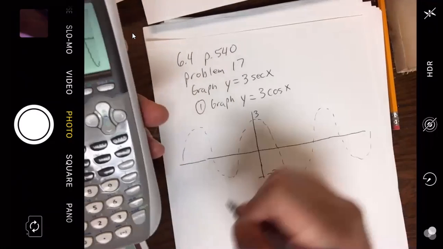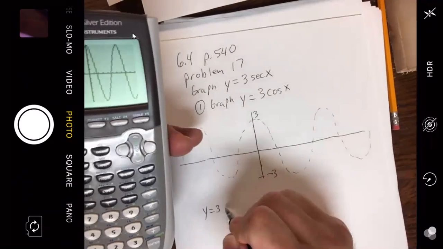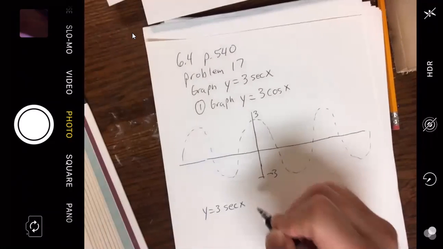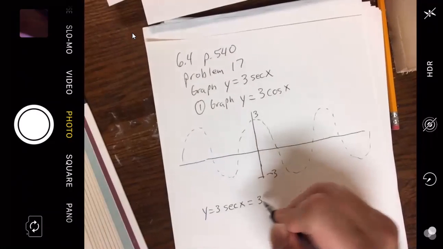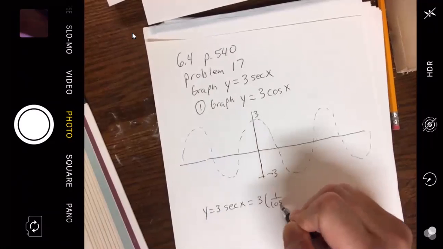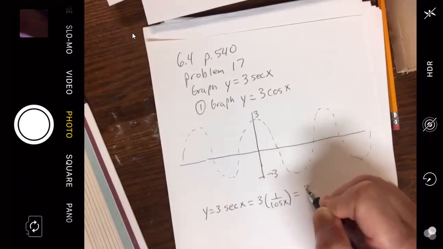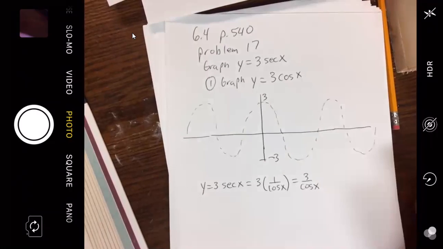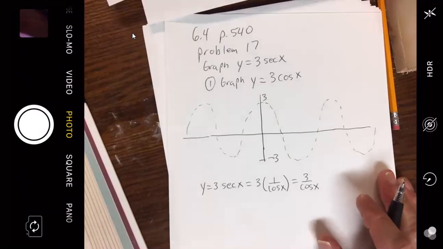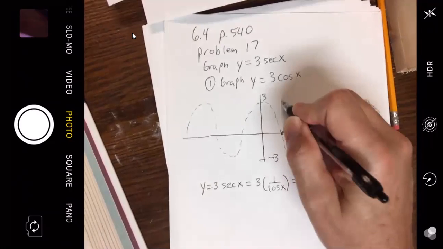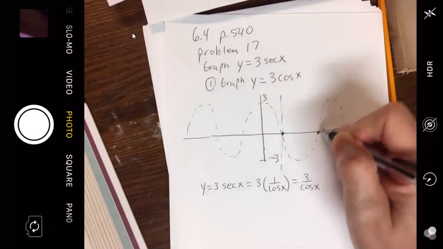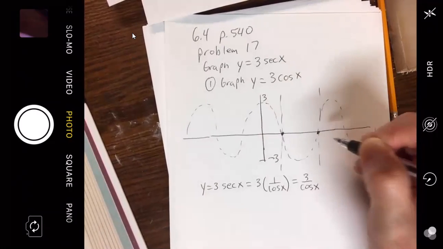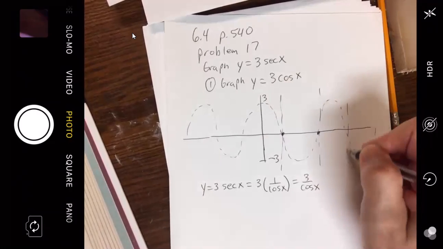Okay. Y equals 3 secant is 3 times 1 over cosine. 3 over cosine. You can argue it out without even punching it in a calculator. At every x-intercept, you get a vertical asymptote because your cosine would be 0.